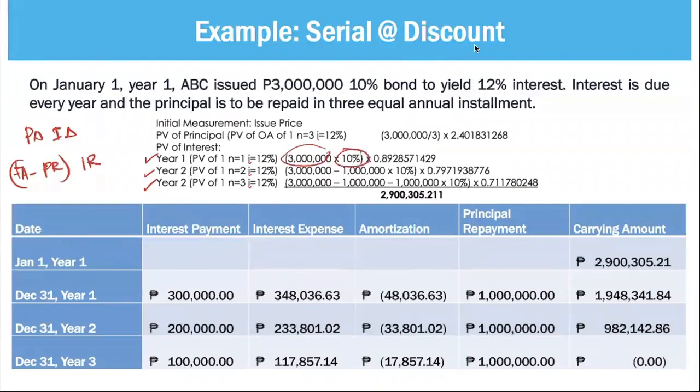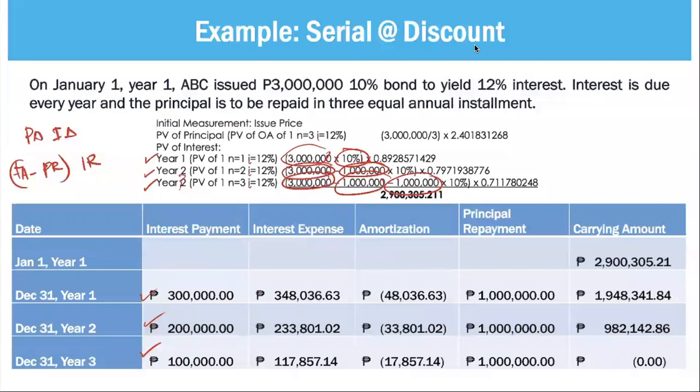On year 2, we remove your principal repayment because we paid on year 1. On year 3, we deducted 2 million because of the two principal repayments in year 1 and year 2. That's why we got 300,000, 200,000, and 100,000 as interest.